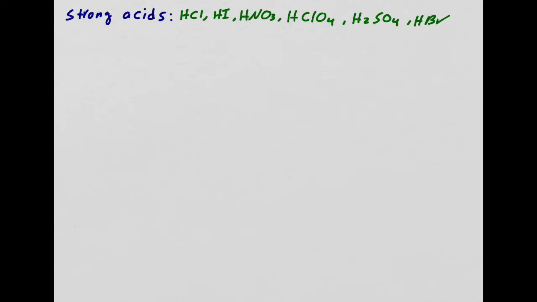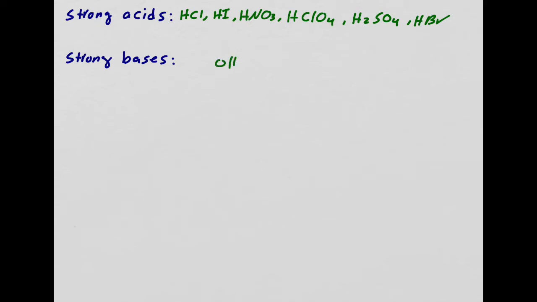Now, how about strong bases? How do you know if you have a strong base or a weak base? Now, remember, acid starts with H, right? The Chem 1 definition. And base ends with OH.